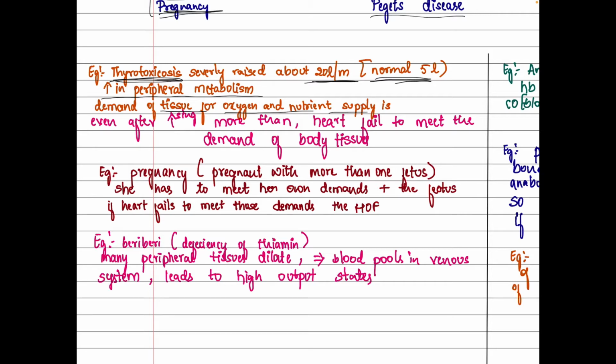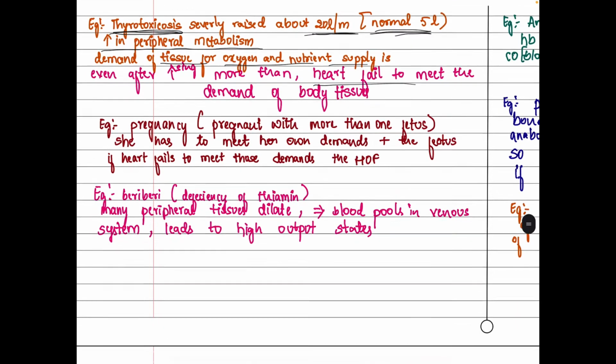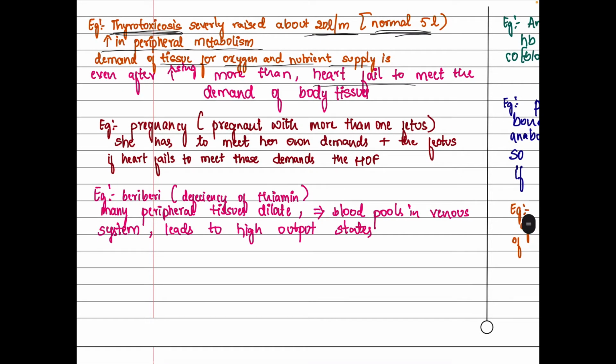Even after meeting this amount of blood flow, after some time the heart undergoes work overload, so it fails to meet this demand and hence undergoes high output failure. The second cause is pregnancy. When pregnant with more than one fetus, she has to meet her own demands plus the fetus demand. If this is not met by the heart, this leads to high output failure.